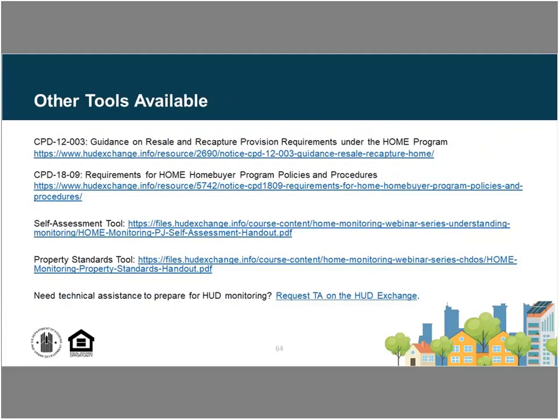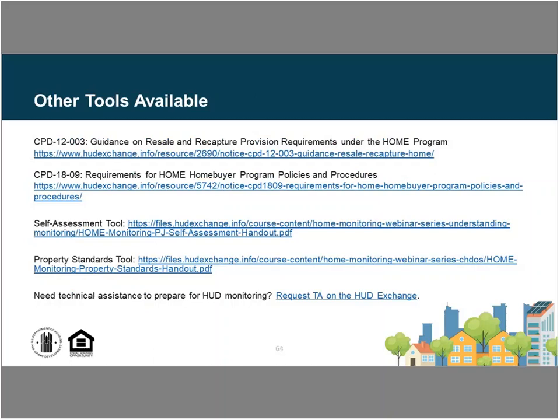A couple other tools that we've identified and talked about during this time period. If you download these slides, you can click on these links. It'll get you there. So we have the CPD, Community Planning and Development, Notice 12-003. This is the guidance on resale and recapture provisions. We have the CPD Notice 18-09. This is the requirements for the homebuyer program policies and procedures.